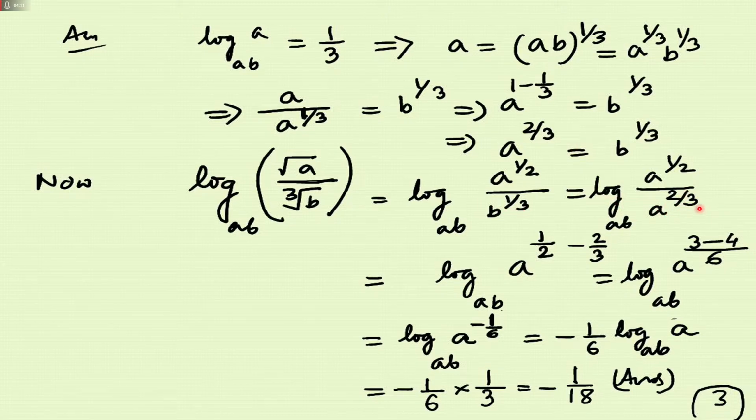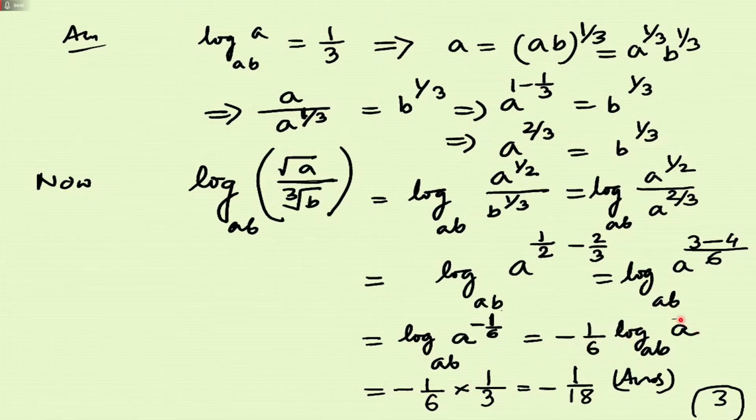This will give you a to the power 1 by 2 minus 2 by 3, that means a to the power 3 minus 4 by 6, getting LCM of this as 6. Now you will have here a to the power minus 1 by 6 and the base is ab. Now this minus 1 by 6 will come forward of this log, so this is minus 1 by 6 log a base ab, and it is also by the rule of log.